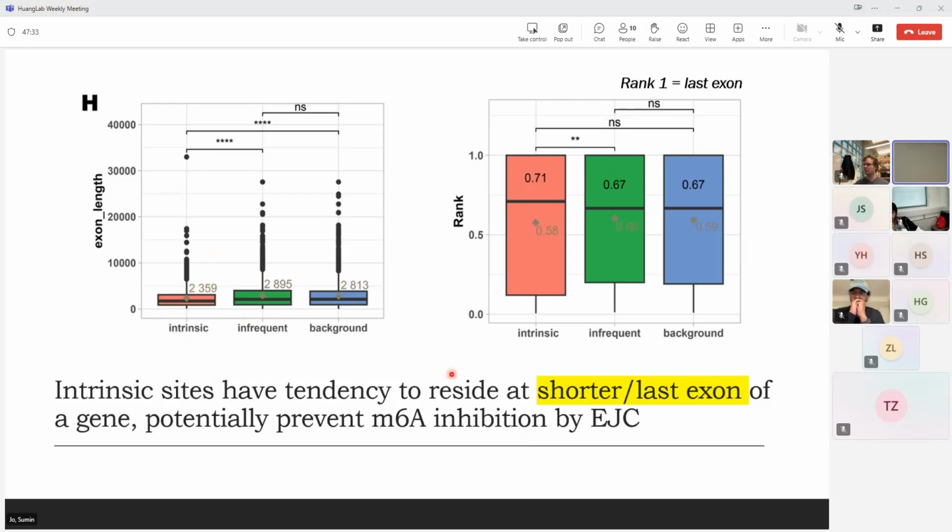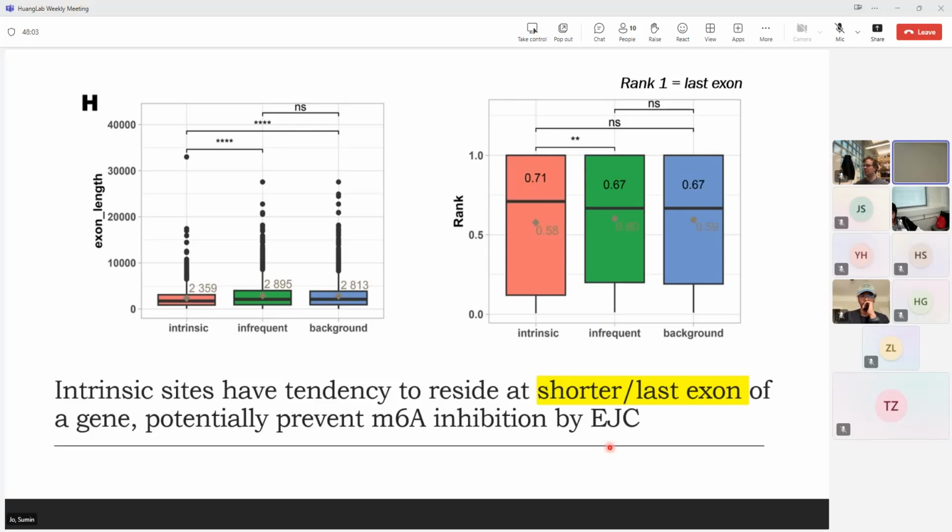Those exons where intrinsic sites reside are also relatively less internal than the exons of the infrequent or background sites. That means their location is relatively in the last exon, and those last exons are relatively shorter than the others, so binding by EJC is prevented due to the exon length.